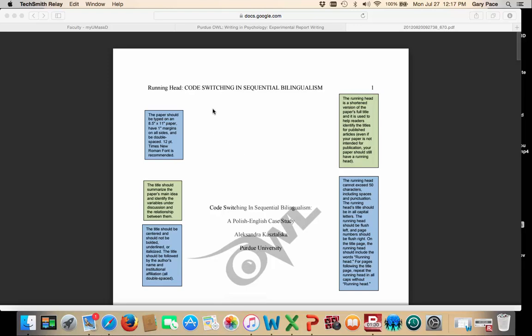Let's start with the running head, which is something that many students confuse. And it is something that has a slight change in the newer APA manual. So the running head is a shortened version of the paper's full title.